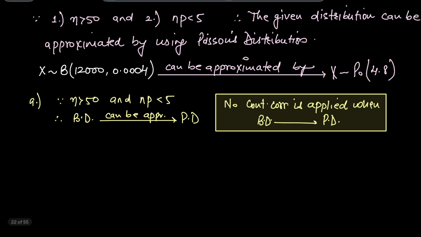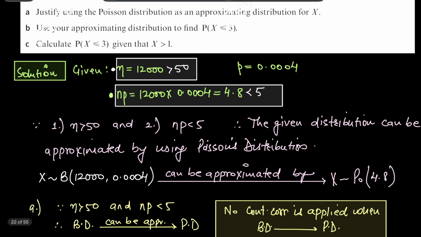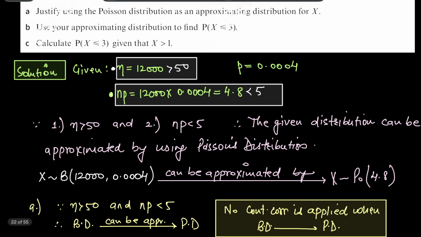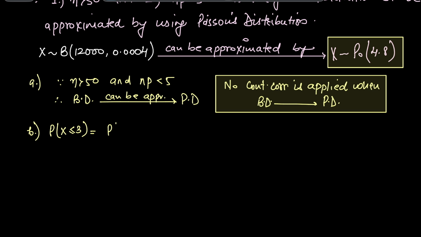Okay, so moving further, let's move on to part B of the question. In part B, they want you to use your approximating distribution to find the probability of x less than or equal to 3. So we need to find the probability of x less than or equal to 3, where x is following Poisson distribution with mean 4.8. For this we need to calculate the probability of x equals 0, 1, 2, 3.